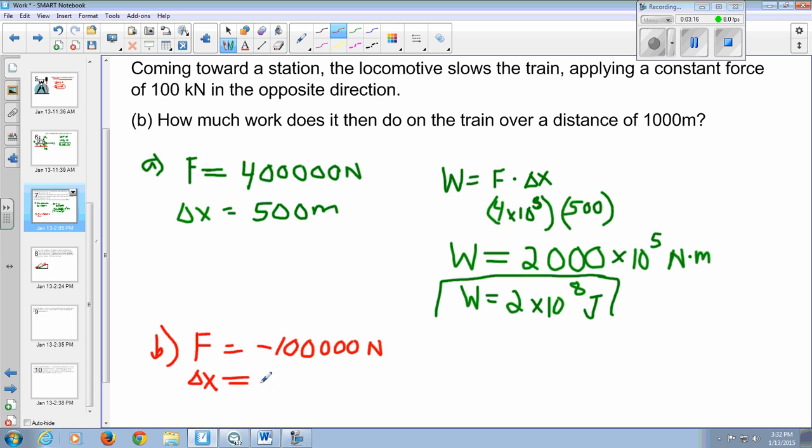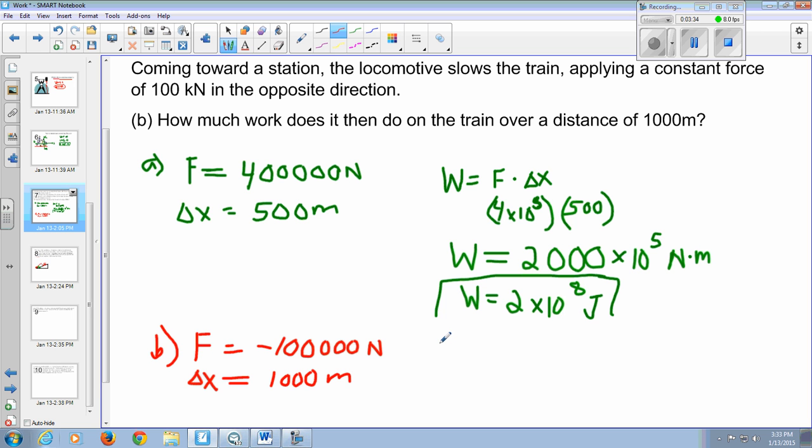How far is this object displacing under this constant force? 1,000 meters.